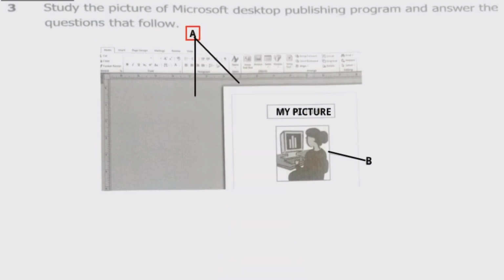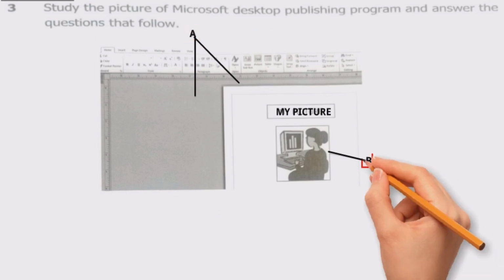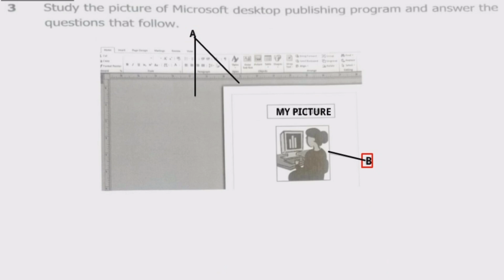We have got part A there, and we have also got another part which is labeled B. You can see where it's written my picture, and then there is also the letter B there. So you need to pay attention to those, more especially those that are labeled, because there might be a question that will refer to that labeled part, so you need to pay attention to that as well.